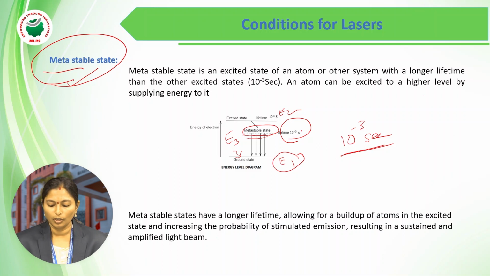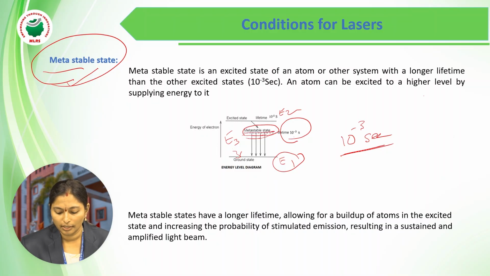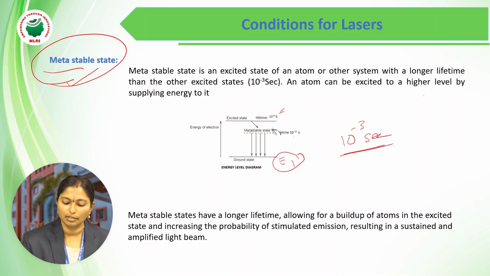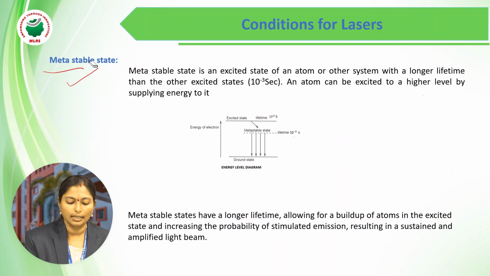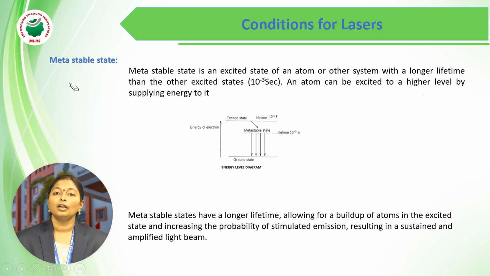If there is more time, more atoms are accumulated in this metastable state. That means there is a higher probability of the stimulated emission occurring, and if stimulated emission occurs, then we will get more lasing action. So the metastable state is the state in between the ground state and the excited state, where the atoms stay for a long time.